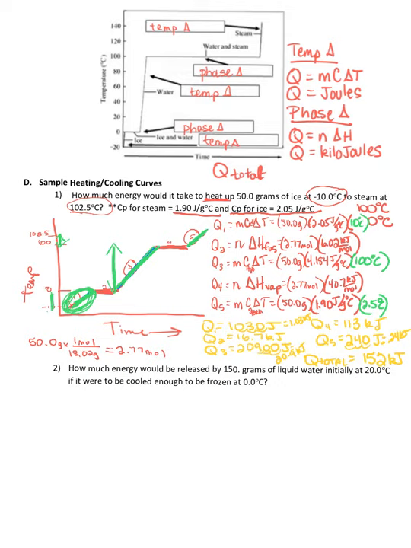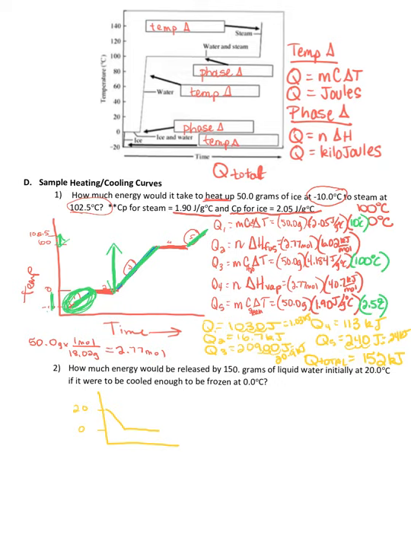The last one's pretty easy because it says how much energy would be released when water at 20 degrees Celsius is cooled to be frozen at 0. So all we're doing is going from 20 to 0. That's all we're doing.